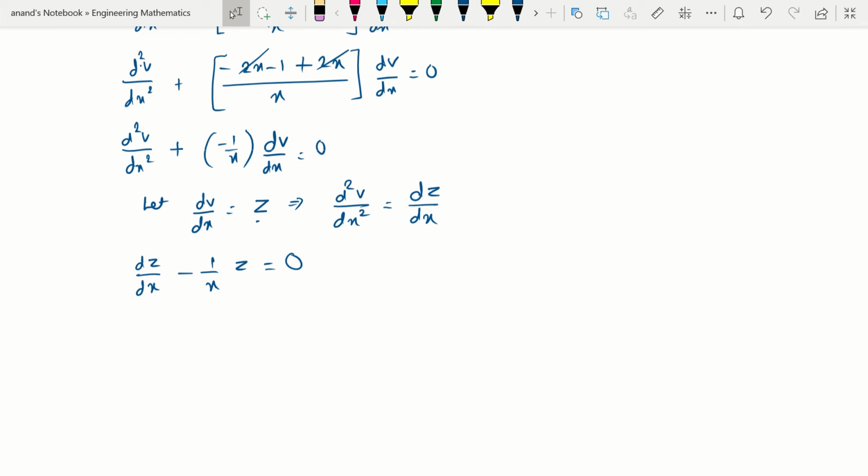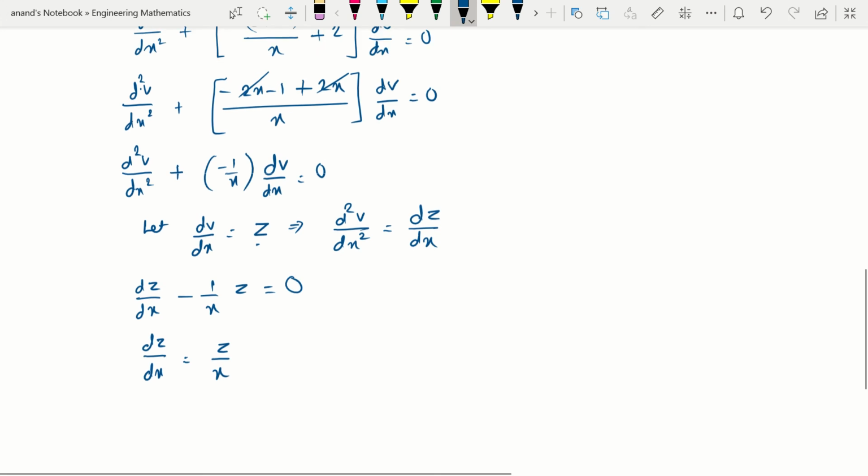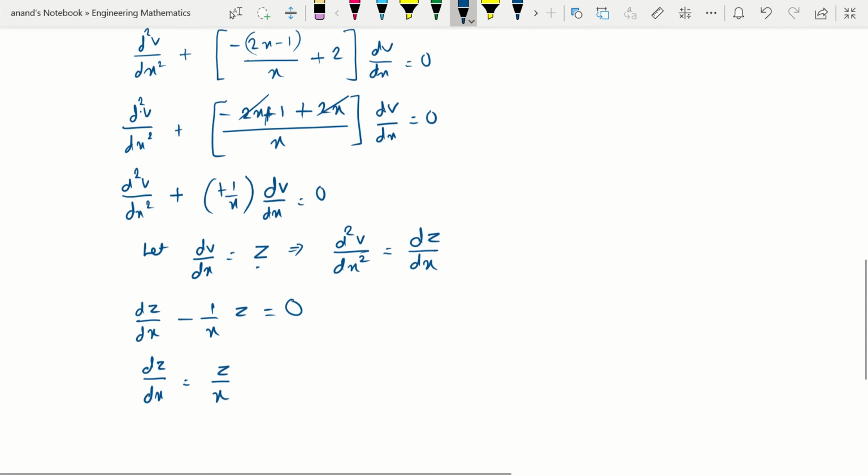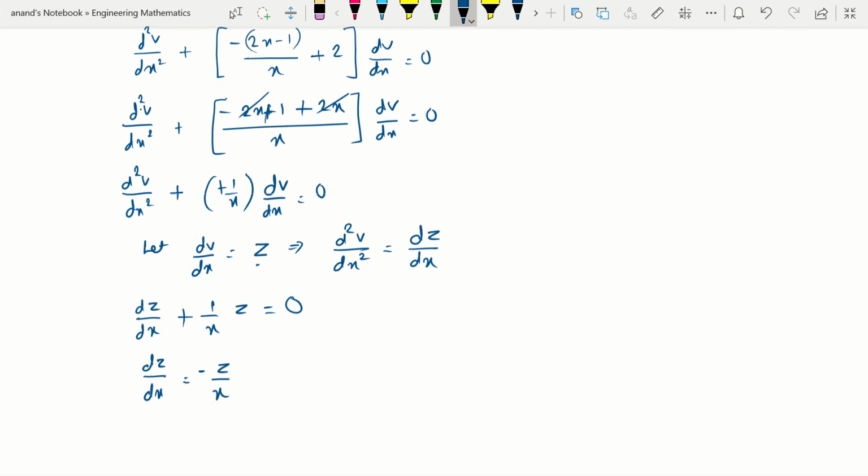So this is the main expression: dz by dx equals z by x. Sorry, this was minus 2x plus 1. When we open the bracket, we get plus 1 over here, so the sign will become minus.